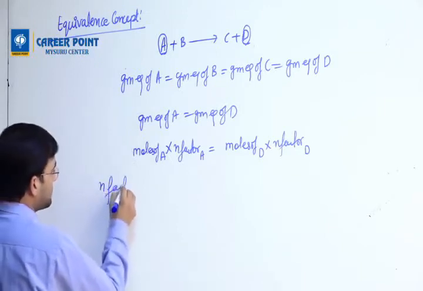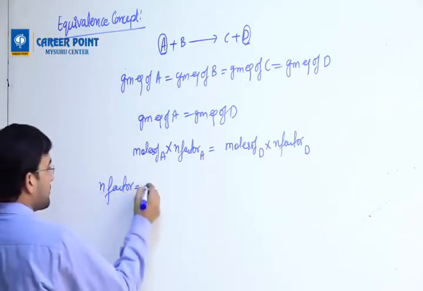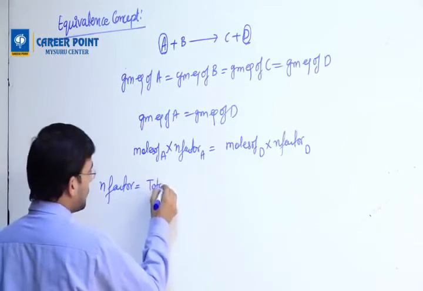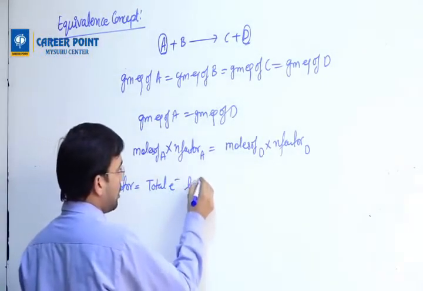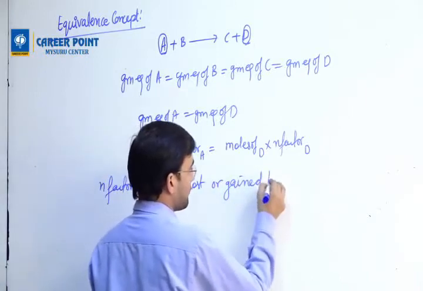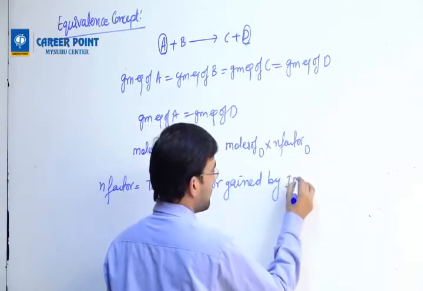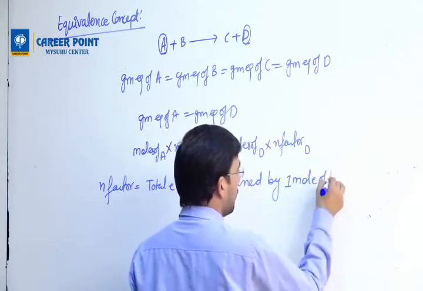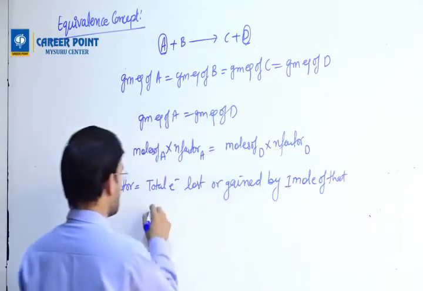Then N factor is defined as total electron lost or gained by 1 mole of that substance.